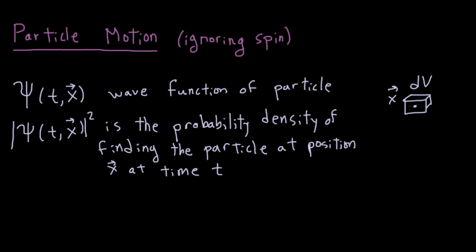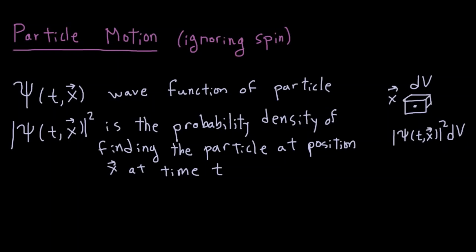Now, the probability that you find the particle in this infinitesimal volume dV is just the absolute value of psi of t and x squared times dV. So the probability of finding it in this infinitesimal cube is infinitesimal itself. But that's what we mean when we say probability density.